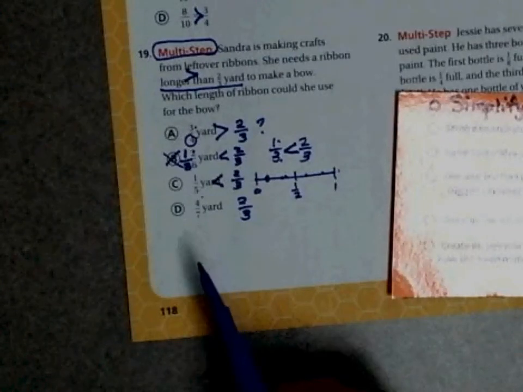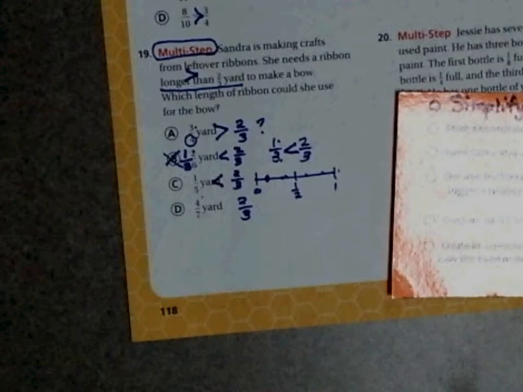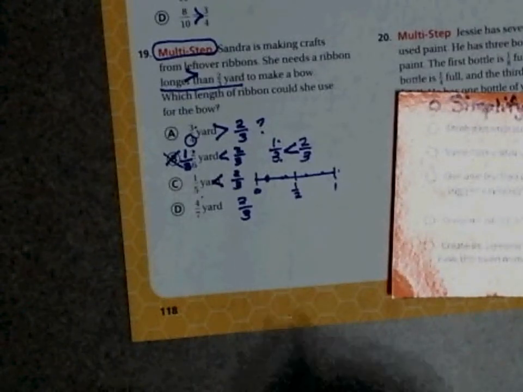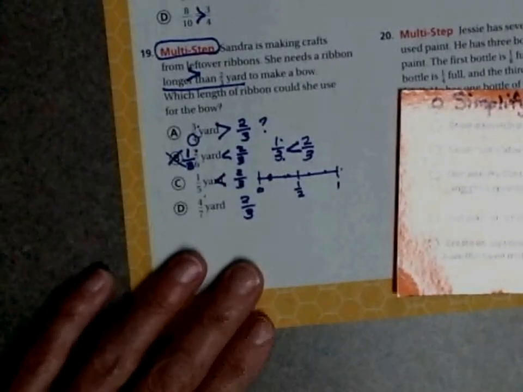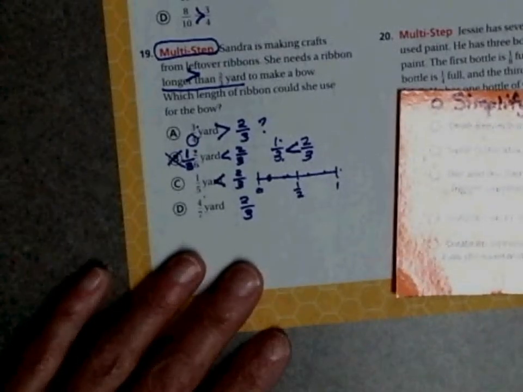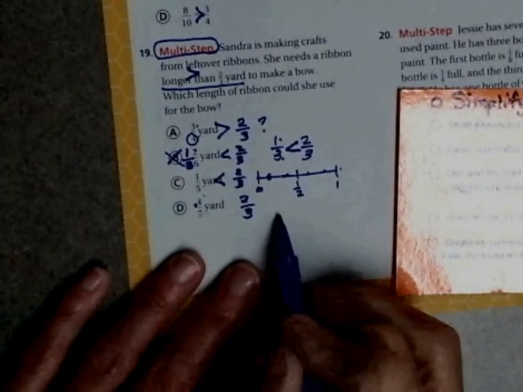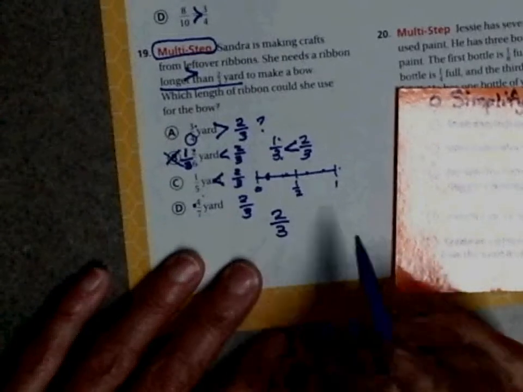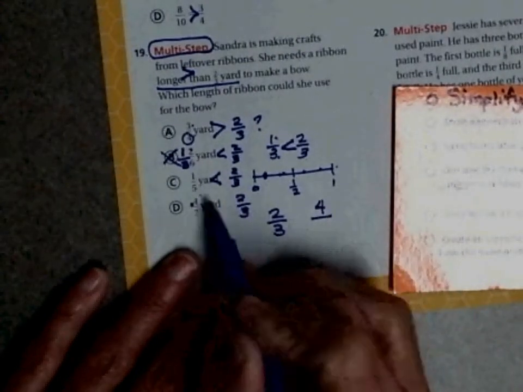Now this last one here is 4/7 compared to 2/3. I know that I can change 2/3 so that it has the same numerator. How can I change 2/3 so that it has a numerator of 4?